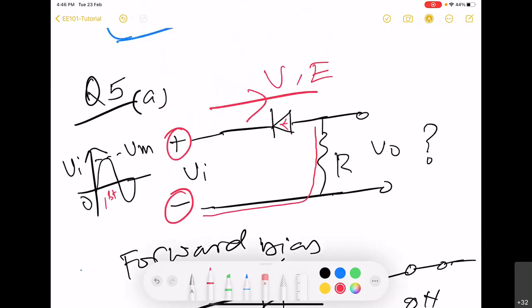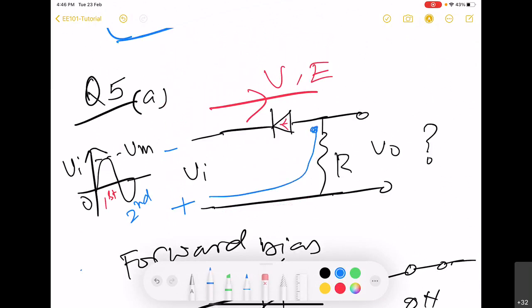Now during the second half of the input, the polarity of the input will get modified. It will become like this. In this case, we can see that this positive voltage's effect will be available at the anode, and there will be voltage or electric field with this orientation, which is similar to the orientation of the diode.